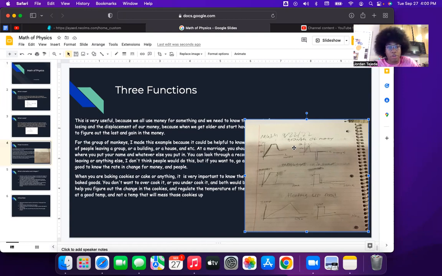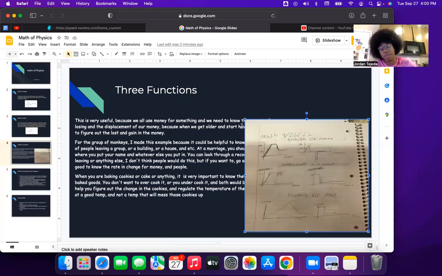You could put it on a graph, and it'll help you a little bit. It'll show you the decrease and increase in people, how many people came in, how many people left, and how many people stayed for a while. I thought that would be very important.